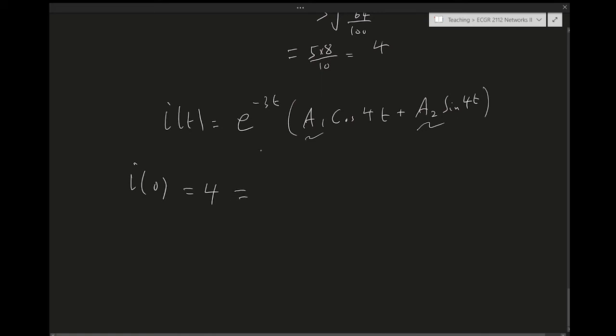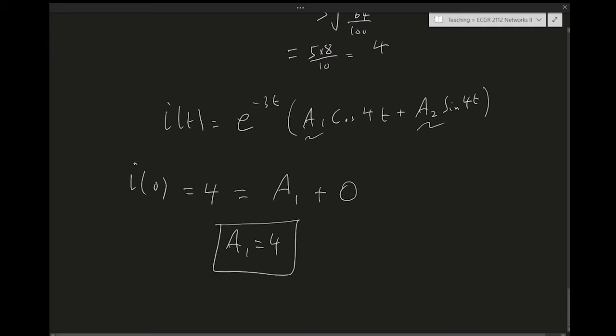And then 4 equals A1 times cosine 0, which is 1, right? Just 1, nothing more. Plus A2 times sine 0, which is 0, right? So I'm starting at t equals 0. So e to the power 0 is 1, cosine 0 is 1, and sine 0 is 0. So I have A2 times 0, which is 0. So A1 equals 4. This is the first constant that we found.